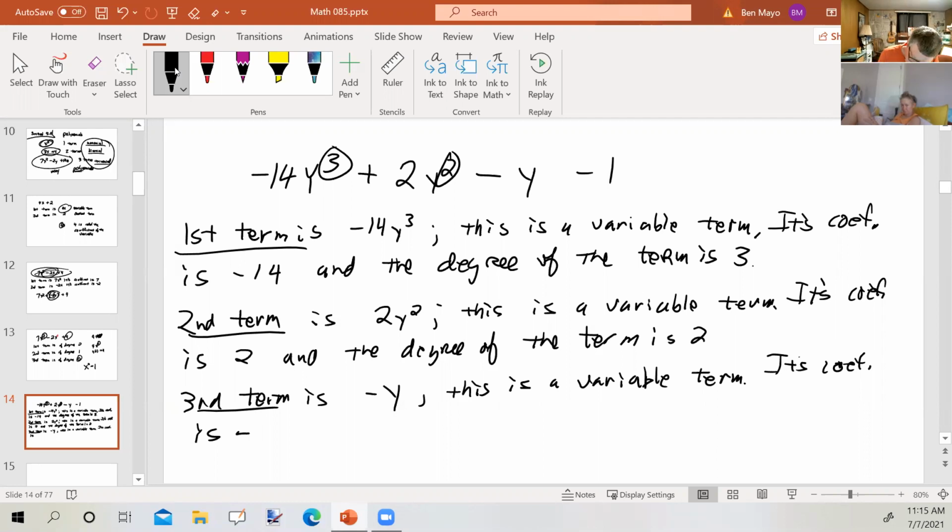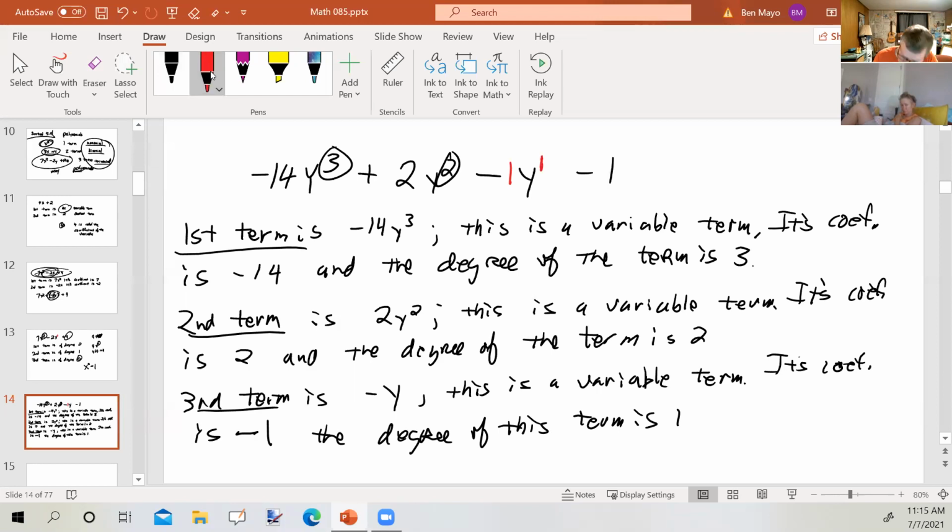It would be negative 1 because there's an implied 1 in front of the y, so negative y is like negative 1y. Okay? And the degree of this term is 1, because again, there's an implied 1 exponent.